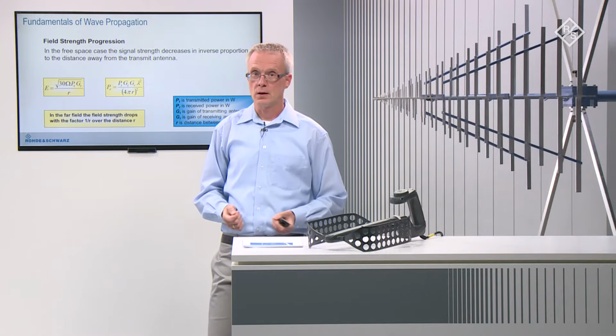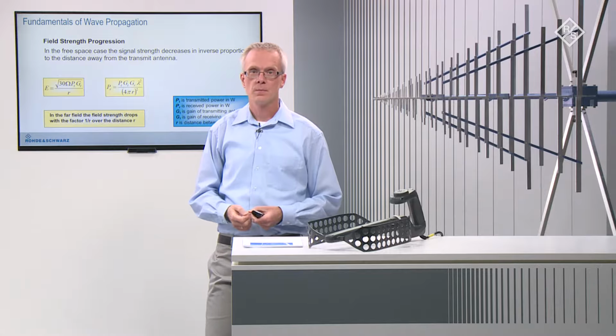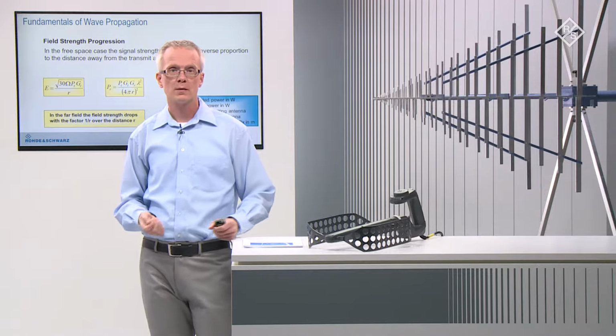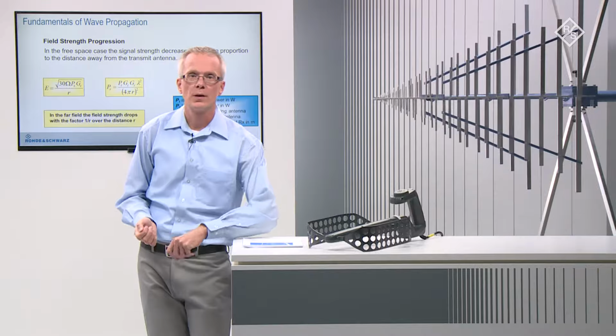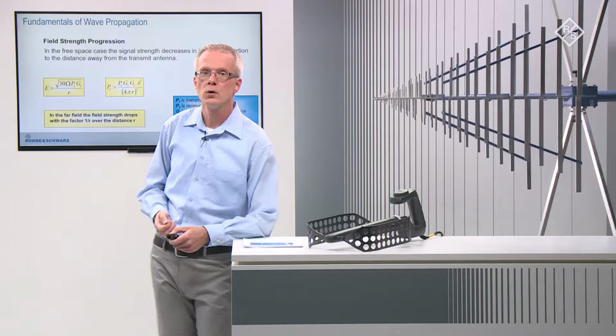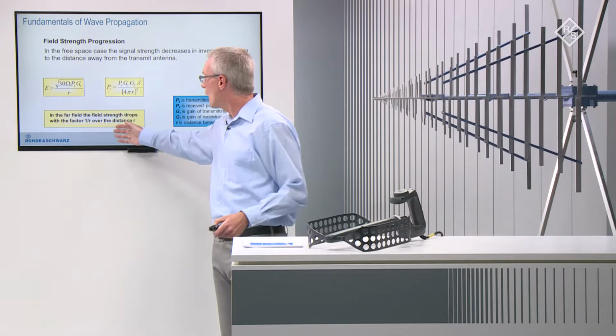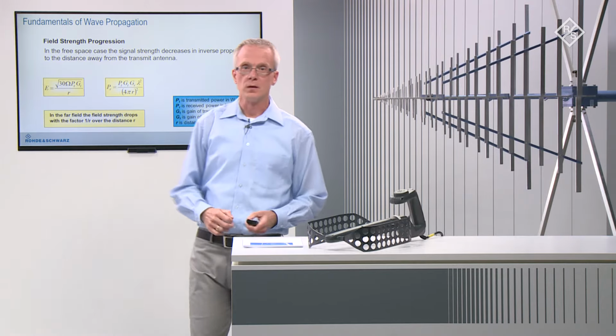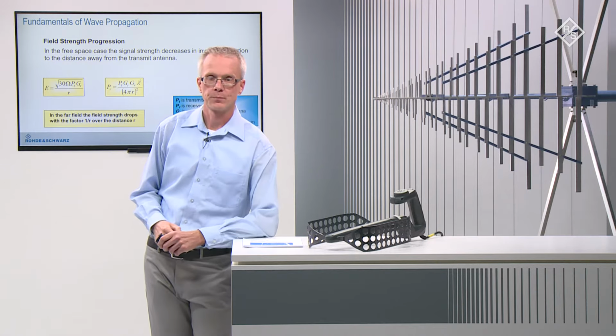These are essentially the gain values of both antennas, the transmitted power and the wavelengths of the signal. Please note that in the far field and under free space condition, the field strength will drop with a factor 1 over r, where r is the distance from the transmit antenna.